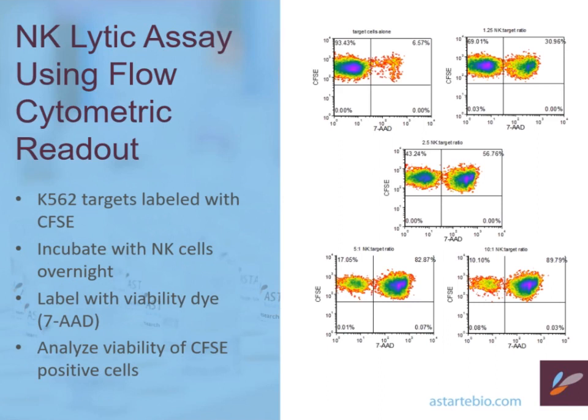So this is a helpful technique that gives you great confidence that you're truly reading out death of the relevant cell population. It does require flow cytometry. It, again, means that the throughput is not that great.